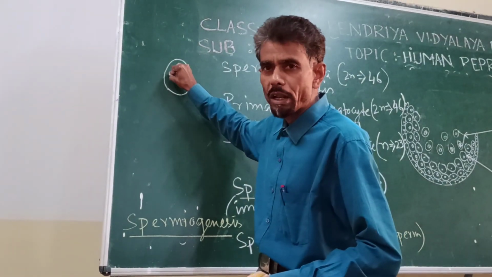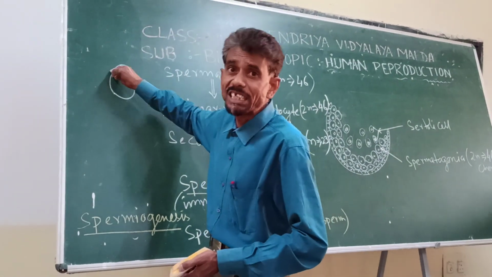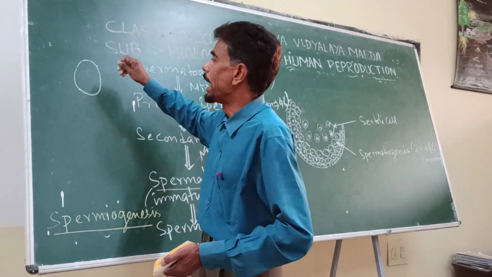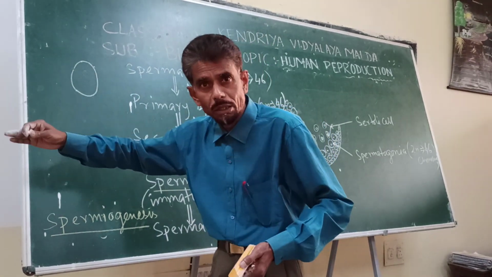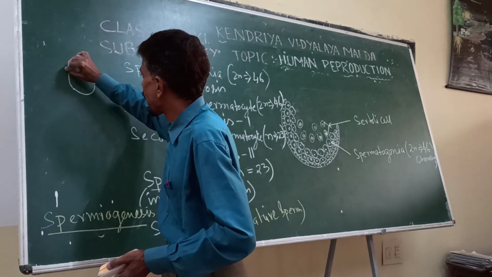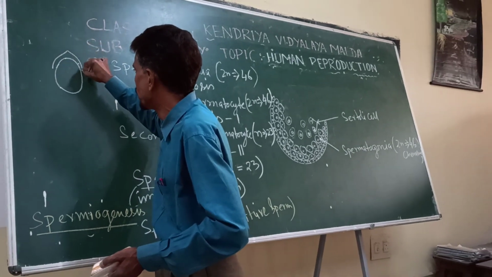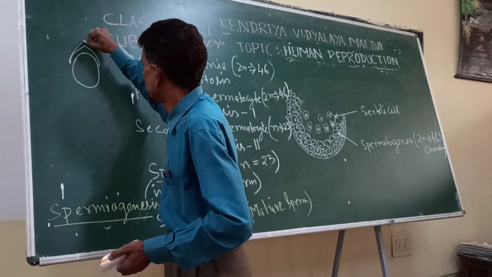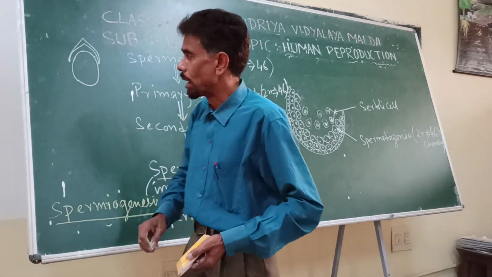The sperm nucleus becomes condensed, packaging of chromatin material takes place, and the Golgi body gets transformed into a cap-like structure over the sperm head, called the acrosomal vesicle.